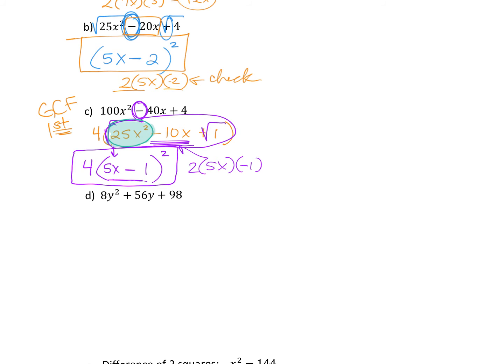Did anyone find the GCF yet? Yes. What is it? 4. 2. It's 2. Yeah. So when you're doing your GCF, it's 2.